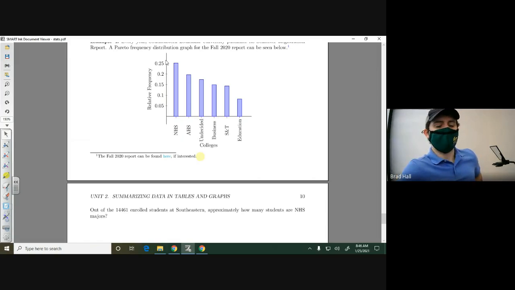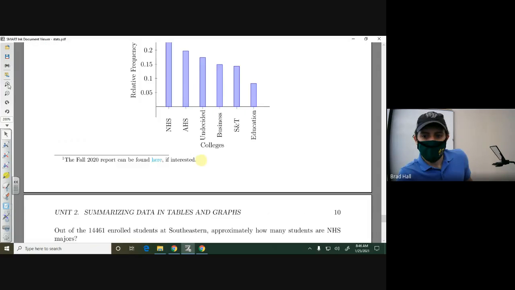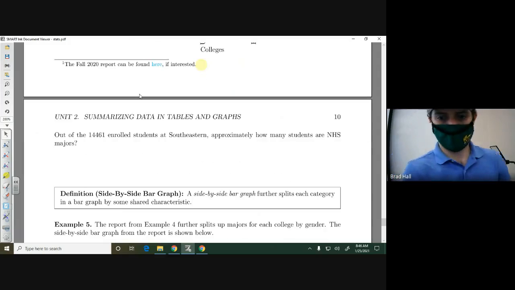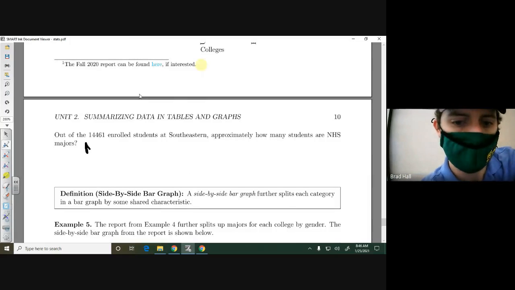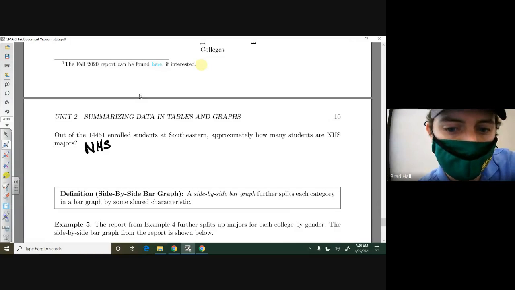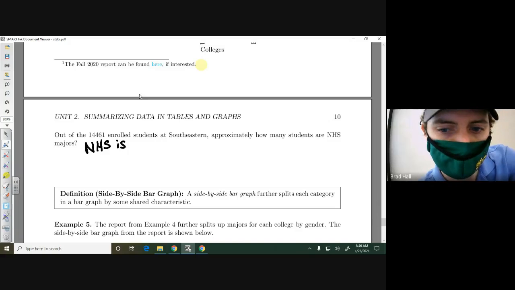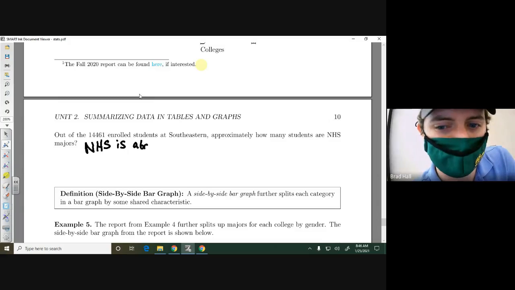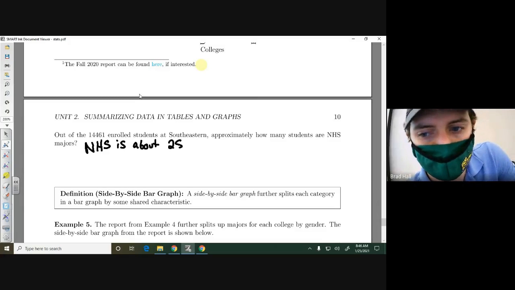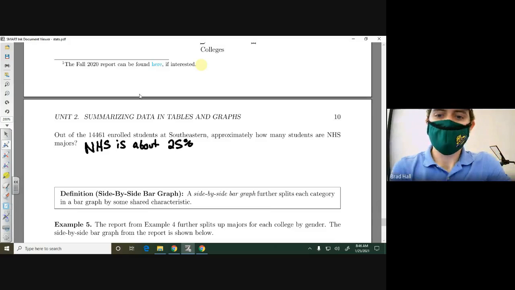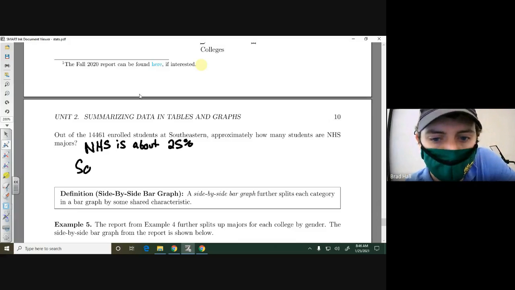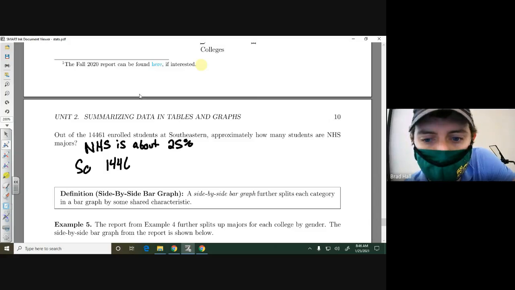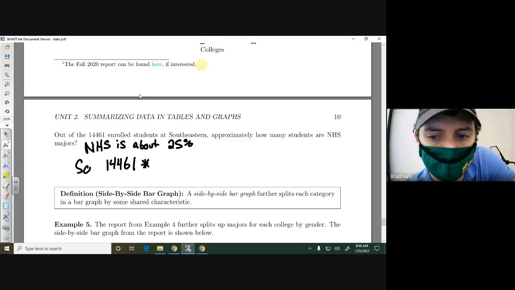So to figure out 25% of a number, we multiply. Nursing health sciences is, we'll say, about 25%. So we want to figure out 25% of the 14,461.